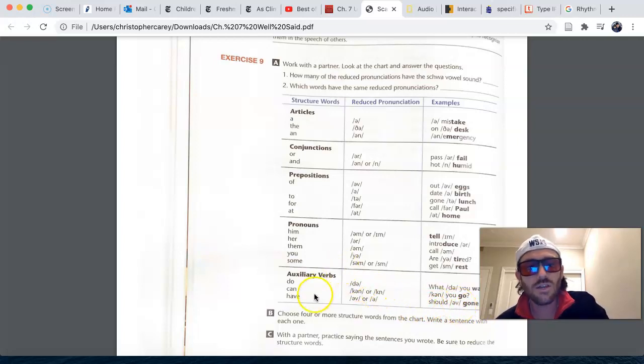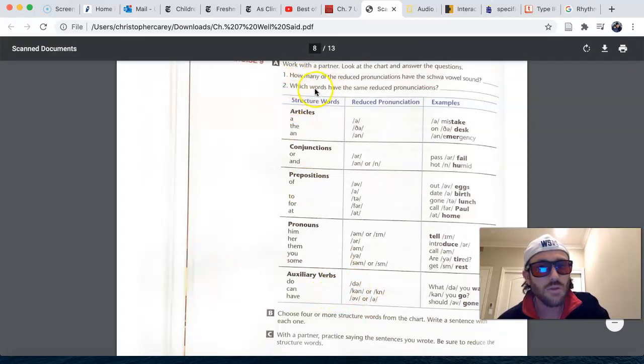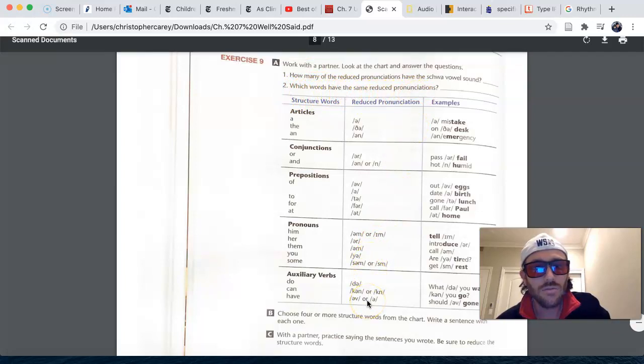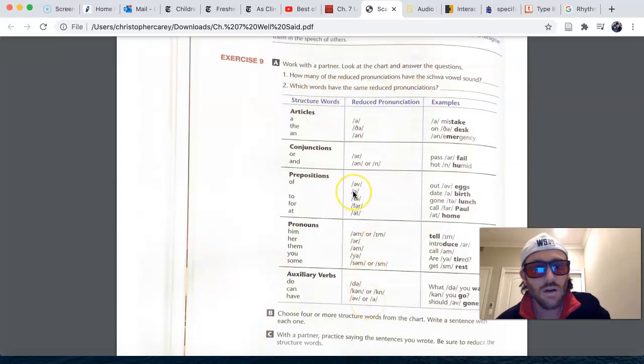So you can see here, the tricky thing in English is with these function words, you can see that a lot of them have the same pronunciations. Have, you can see, is the same as of, and also a, forgive me.